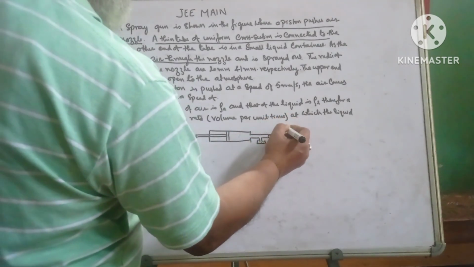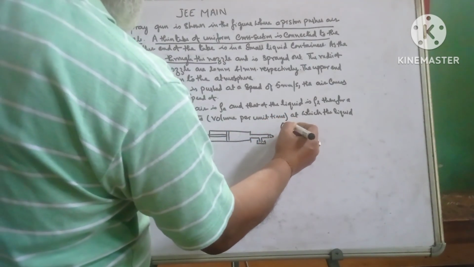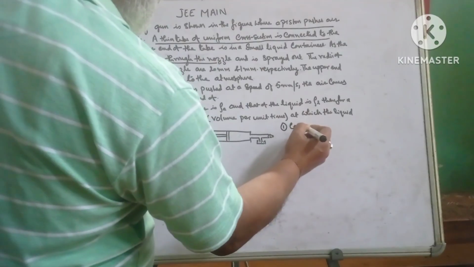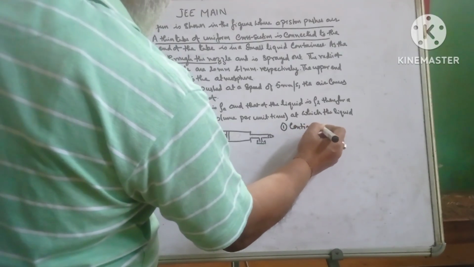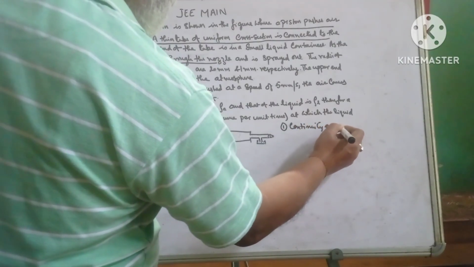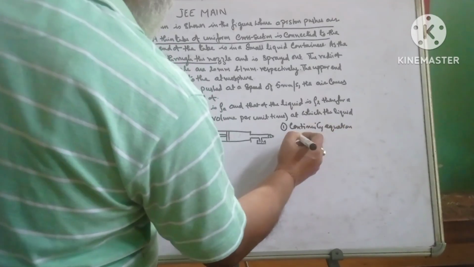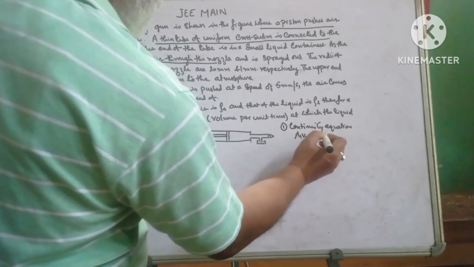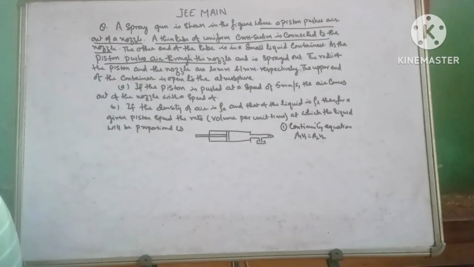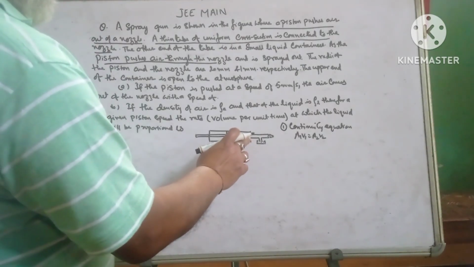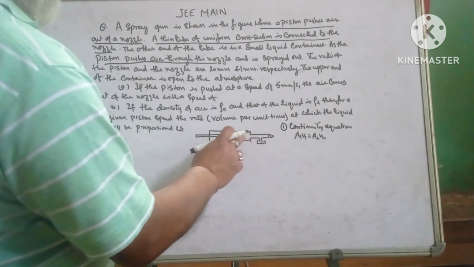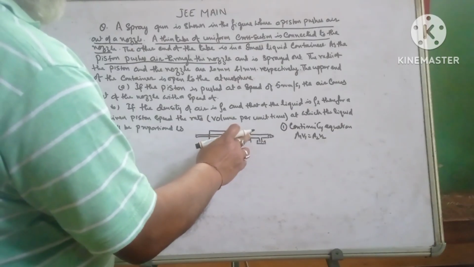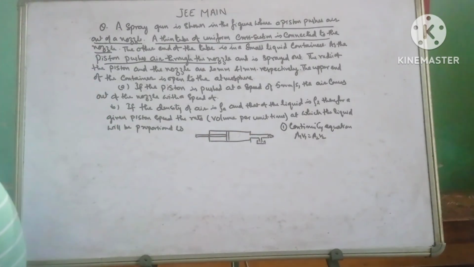That is the continuity equation, A1 V1 is equal to A2 V2. Here your cross sectional area is small, so the velocity of the air will rise.